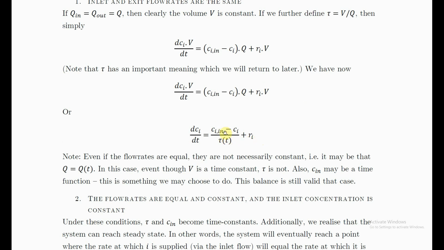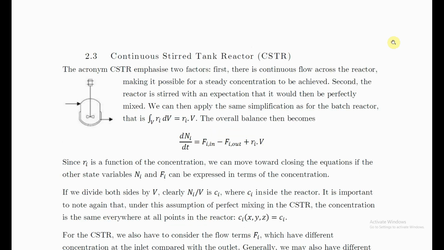There is possibly another variable that changes in time, so your inlet concentration might be varying in time. You might choose to do that if you were trying to control this reactor, or let's say you wanted to change your product specs.